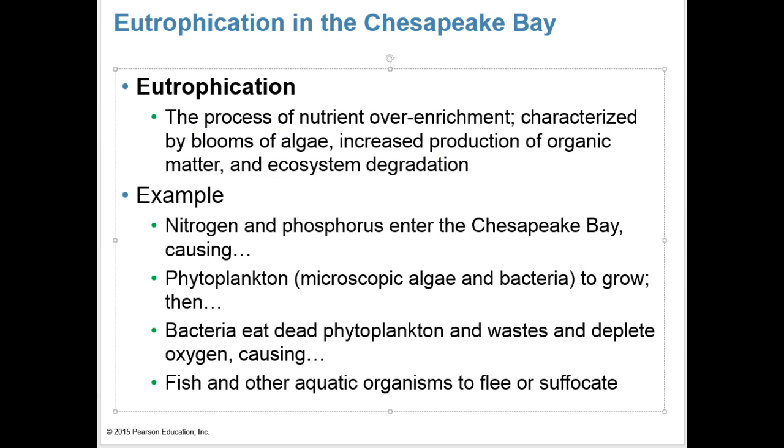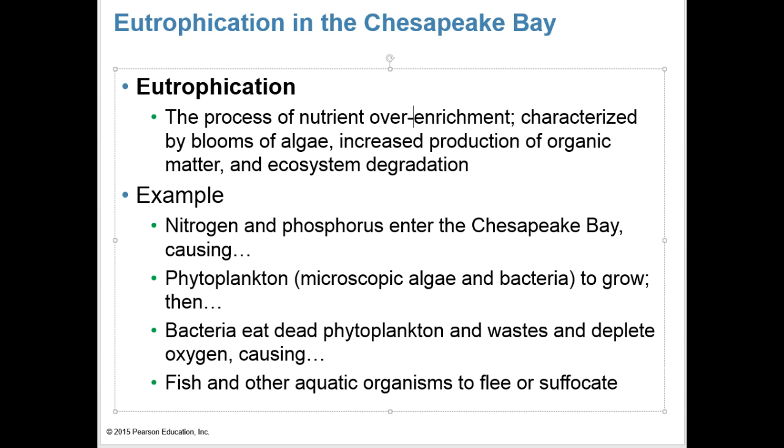Too much nitrogen and phosphorus, which are important nutrients for life, lead to the process called eutrophication. This is the process of nutrient over-enrichment and blooms of algae and increased production of organic matter and subsequent ecosystem degradation.